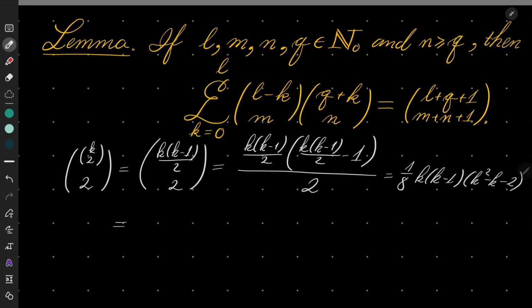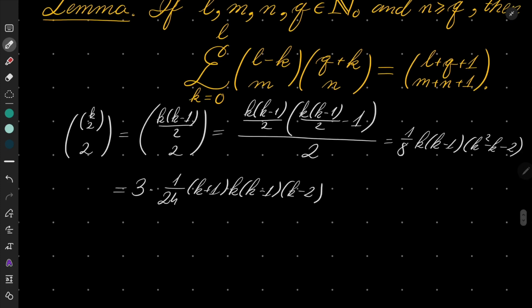I will write it as 3 times 1 over 24, and this quadratic part can be written as k plus 1, k minus 1, k minus 2. And if you look closely, 24 is 4 factorial, and this number is simply 3 times k plus 1 choose 4.